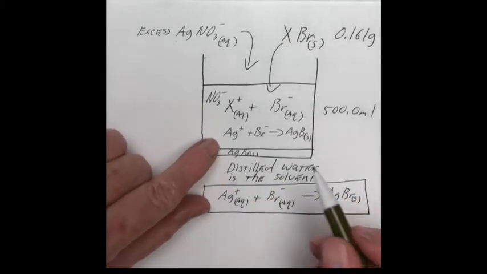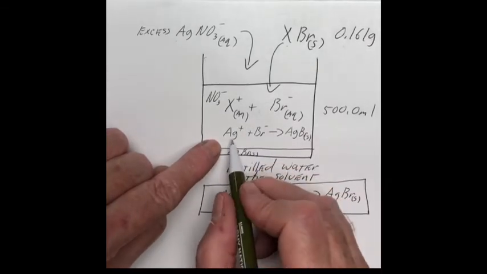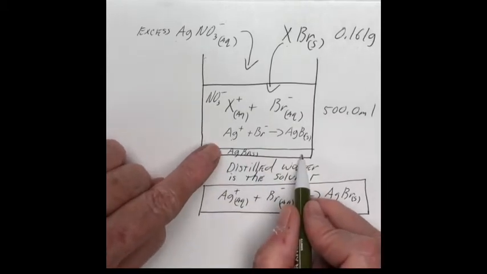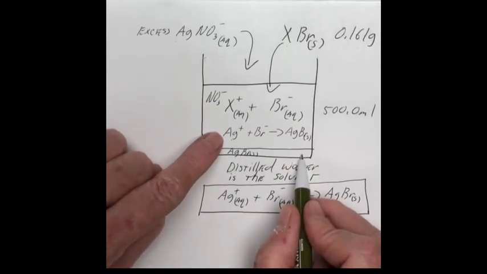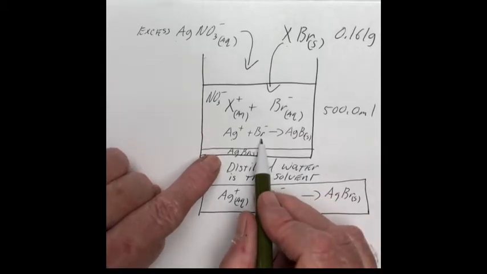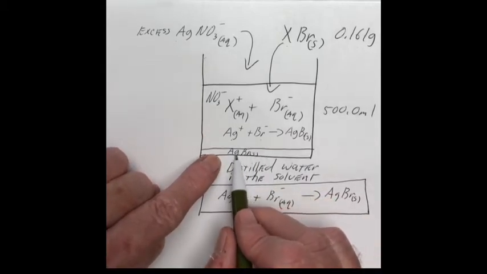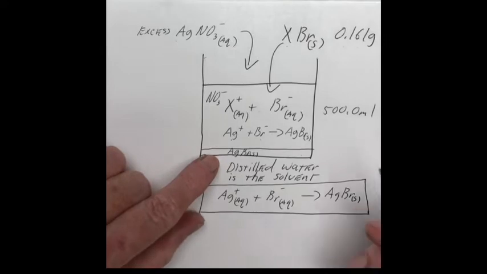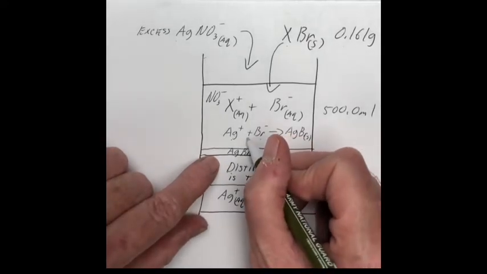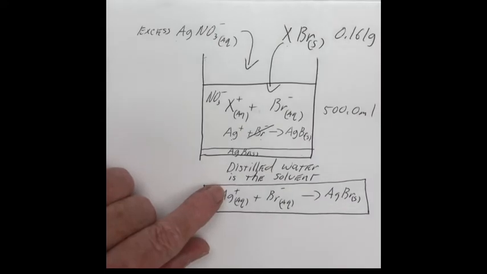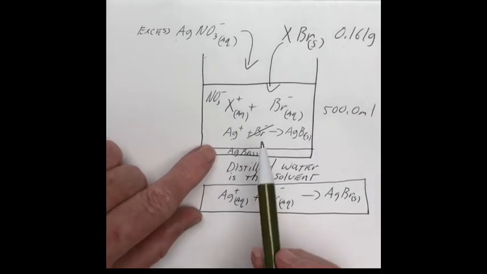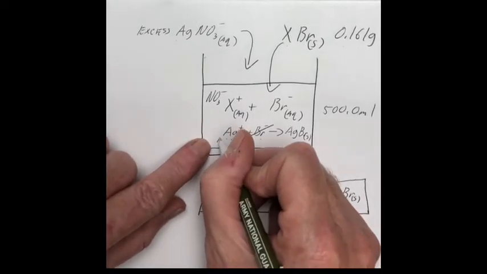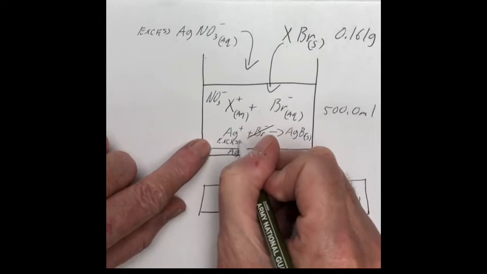Well, remember the silver is in excess. So there's going to be silver left over. After all this solid is produced, we're still going to have silver ions left over. The bromide ions, for all practical purposes, are now bound up as the silver bromide. So let's eliminate these Br minuses. They're gone for all practical purposes. The ions that we have present now are these excess silver ions.